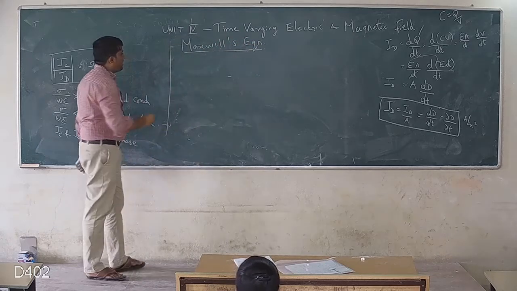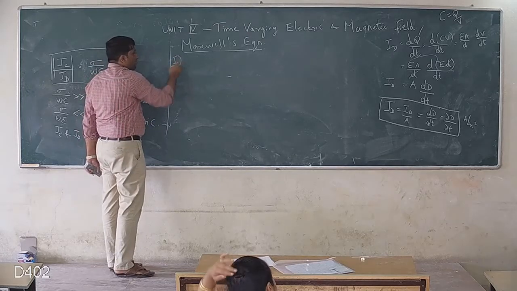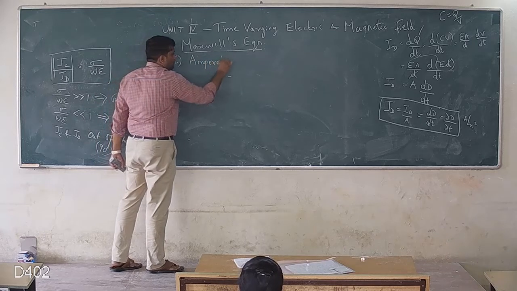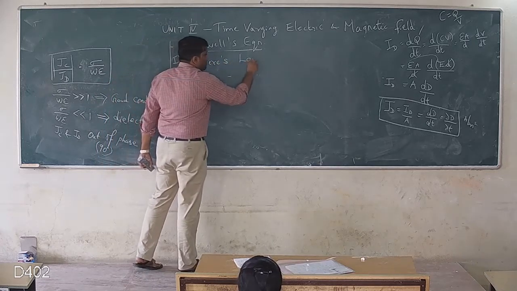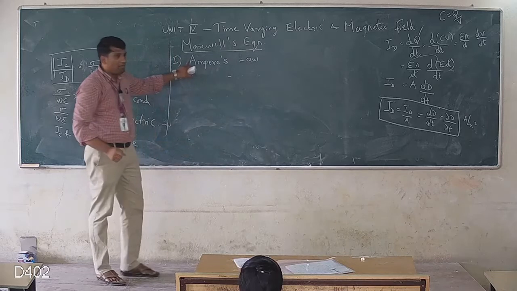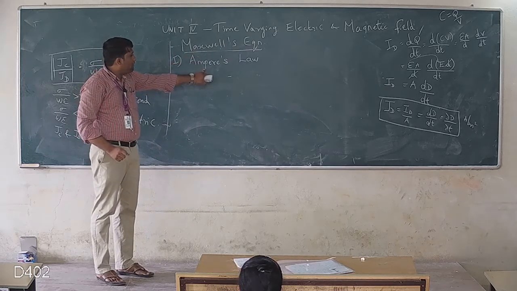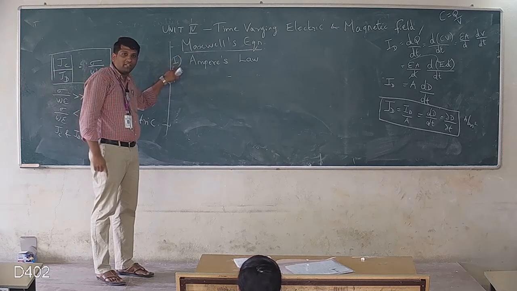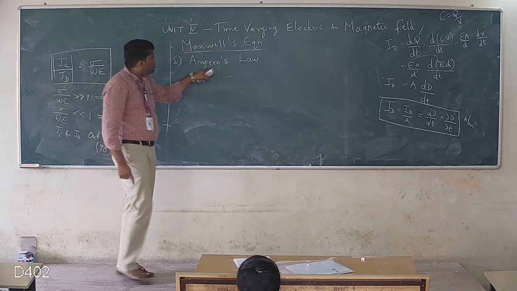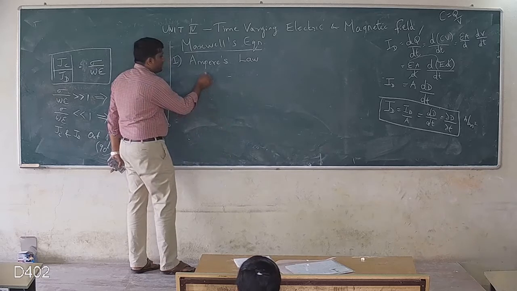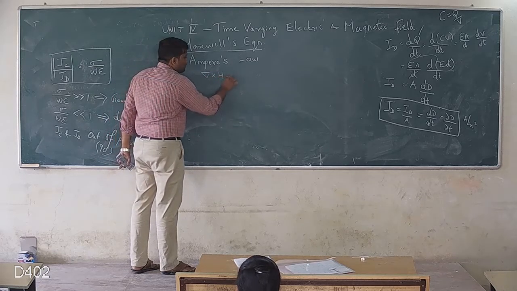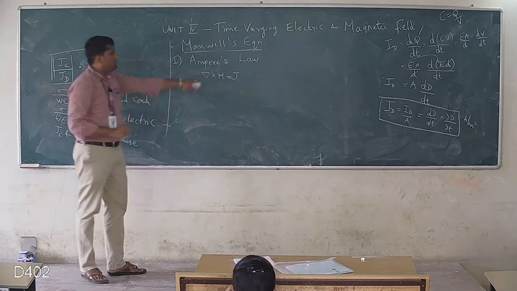Initially we are going to frame the first equation with the help of Ampere's law. This first indicates just a number. It is not Maxwell's first equation. It is a Maxwell's equation using Ampere's law. So what is Ampere's law? It is nothing but del cross H is equal to J. So this is Ampere's law.